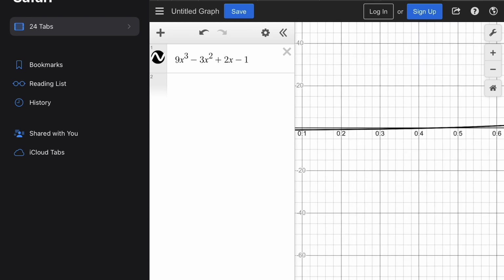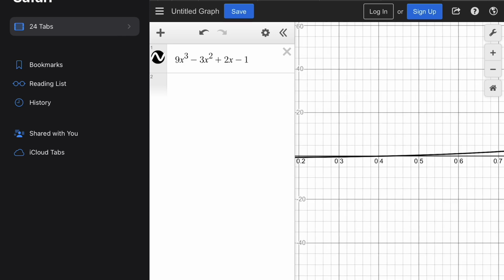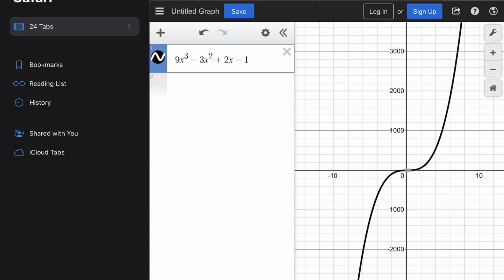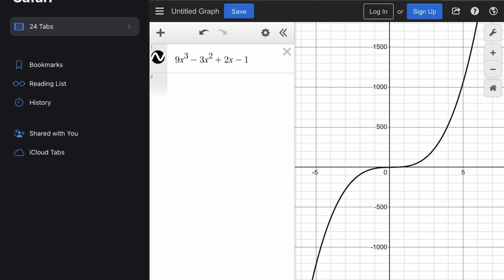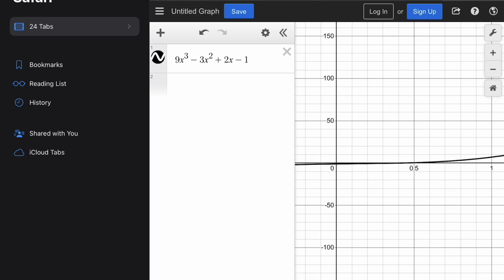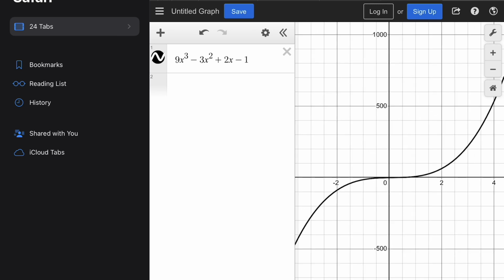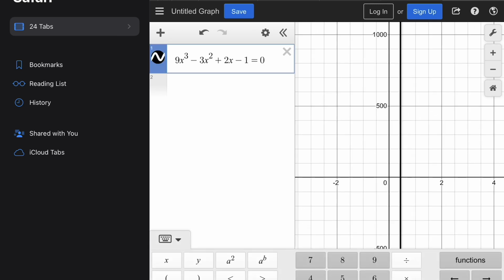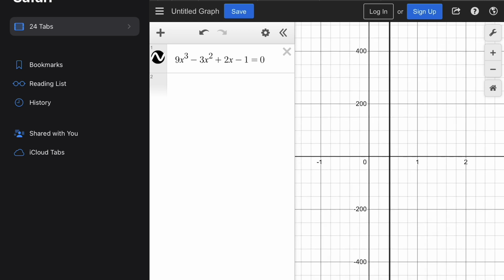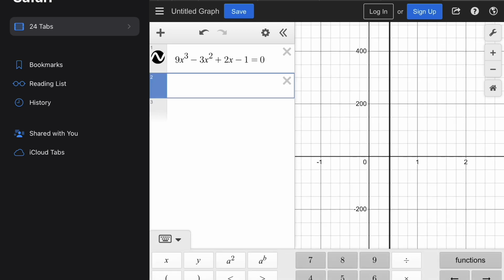It has one x-intercept, and that is somewhere over there. But as you can see, it has 2 turning points, but they're both... Oh, wait. There's 2 x-intercepts? Yeah, 1 x-intercept. Sorry, I don't know why I fluffed around there. Just let it equal 0. And that's the point where it equals 0. Just to show if it wasn't that, you can do like x squared minus 1 equals 0.